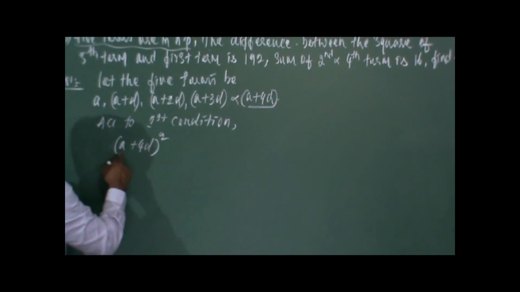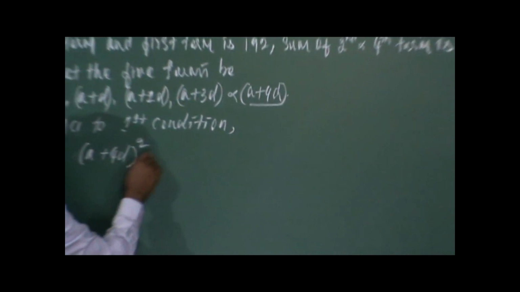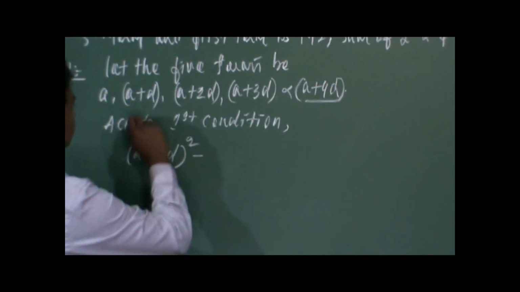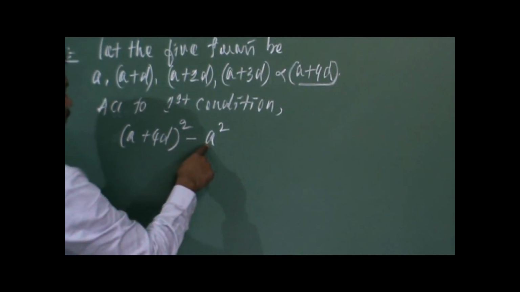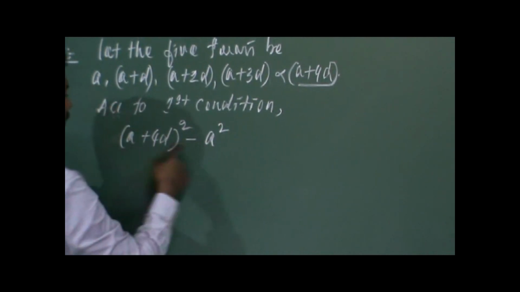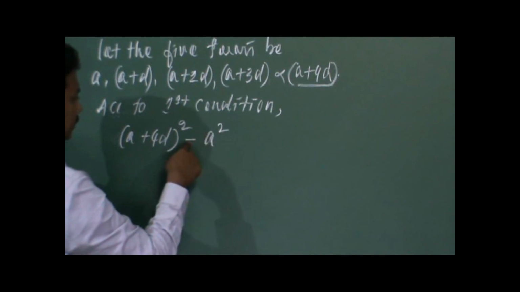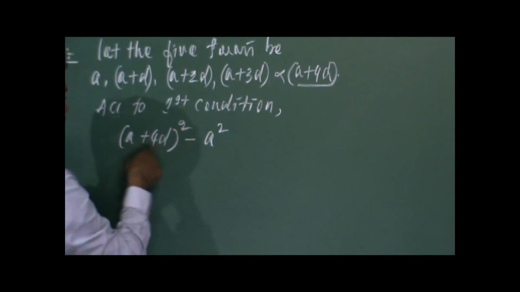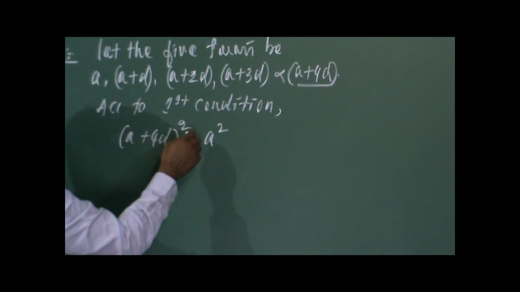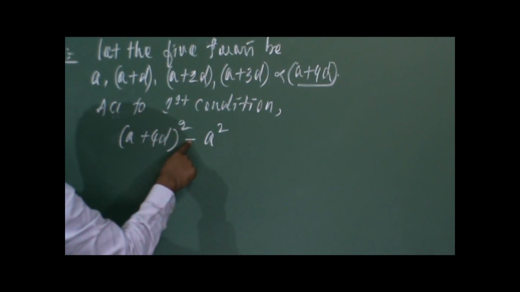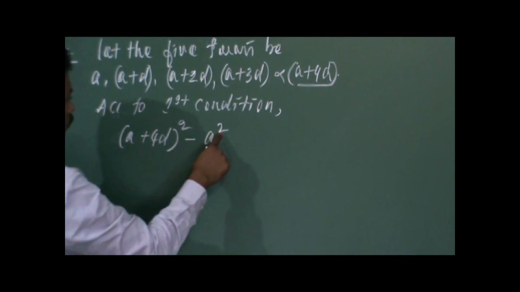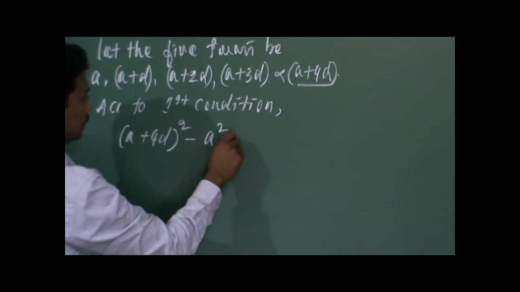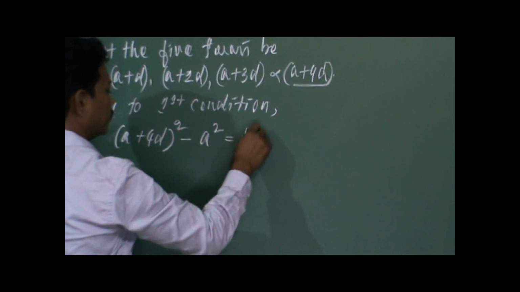The first term is A as per the condition. The squared first term is subtracted from the squared fifth term. So this is read as the difference between the square of the fifth term and the square of the first term, and the value is 192.